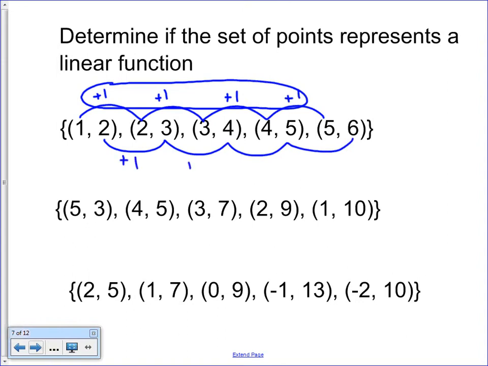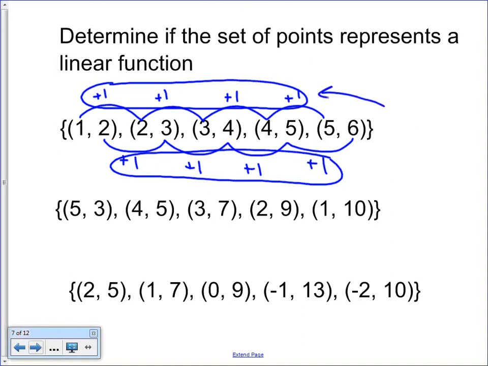So we go up 1, up 1, up 1, and up 1. And those all make a nice pattern. So each time we're going up 1 on the x value, we're going up 1 on the y value. That makes kind of a step pattern. And if the pattern is present in both the x and the y values, then it is a linear function.